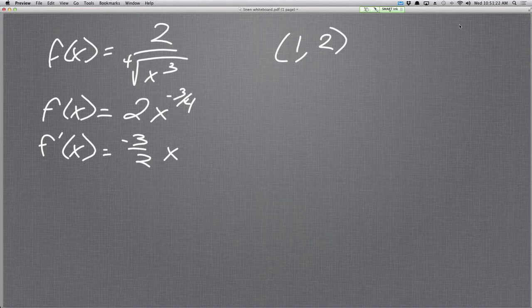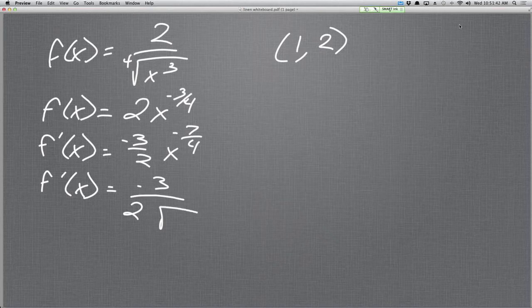And negative 3/4 minus 1 is negative 7/4. You're subtracting 1. Alright, so I rewrite it. I get negative 3 over 2, 4th root of x to the 7th.